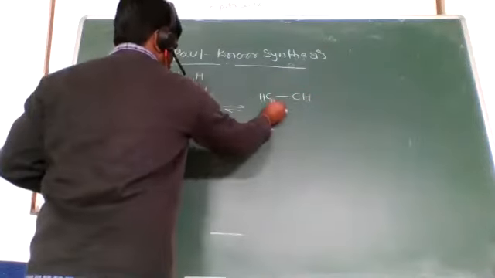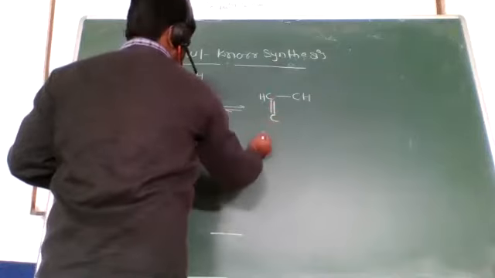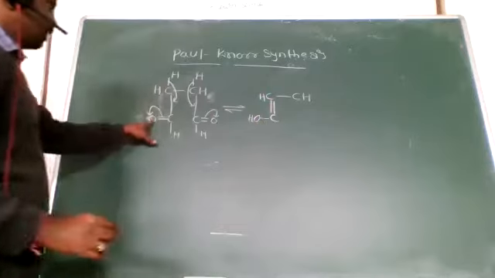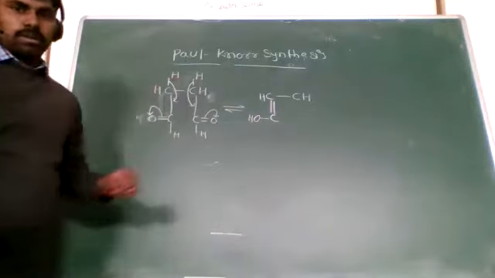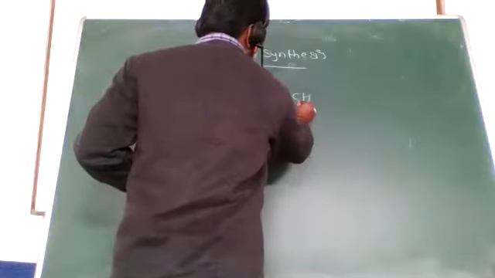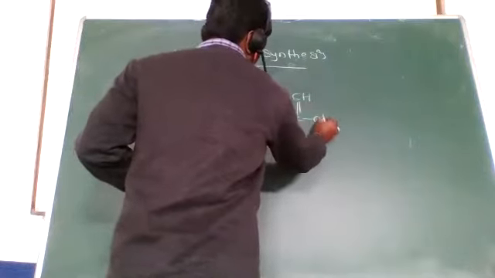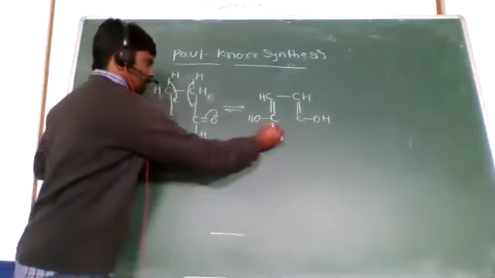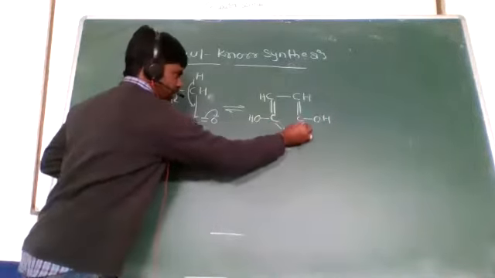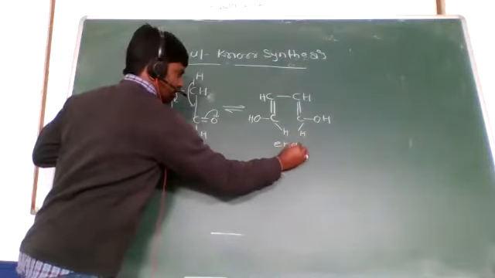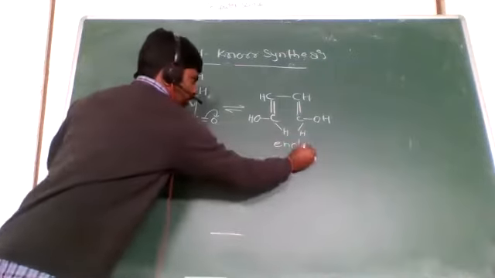Now here is a C double bond O. Here, formation of OH, oxygen negative, from the H, OH formation. And here is also C double bond OH. The remaining hydrogen is here, and here is also hydrogen. This is the enol form.